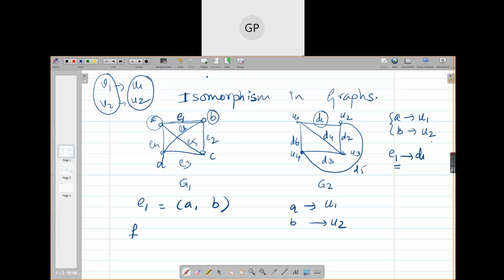So I can write f_V(A) is U1, f_V(B) is U2, and A and B are adjacent, so U1, U2 are adjacent in G2. So f(E1) will be what? What will be the image of E1 in G1 under this mapping? D1. Yes, it will be D1.